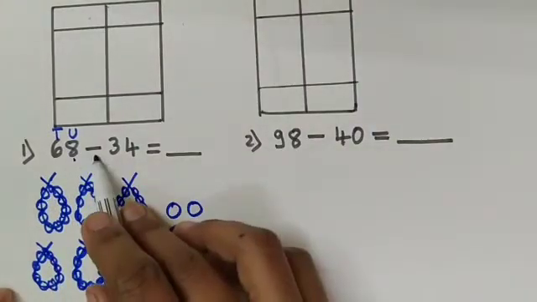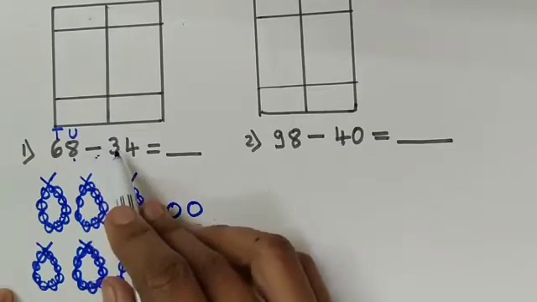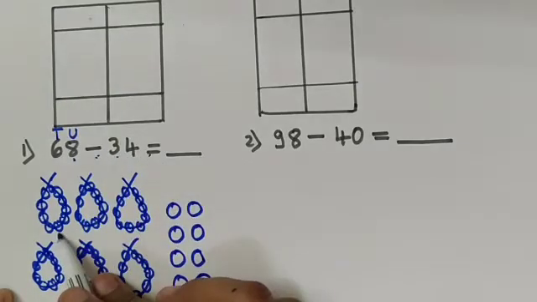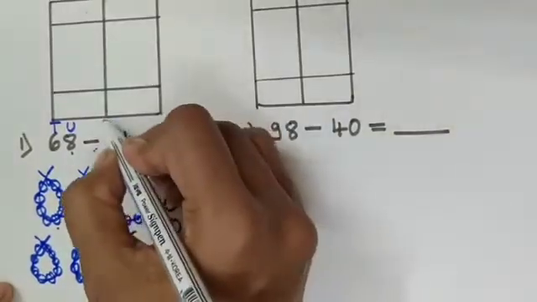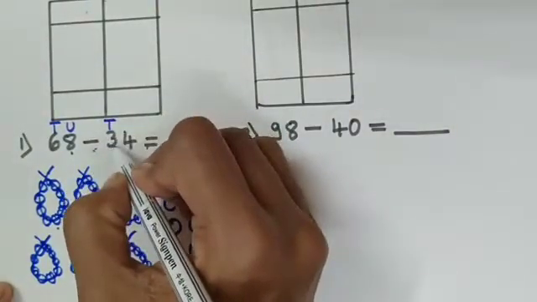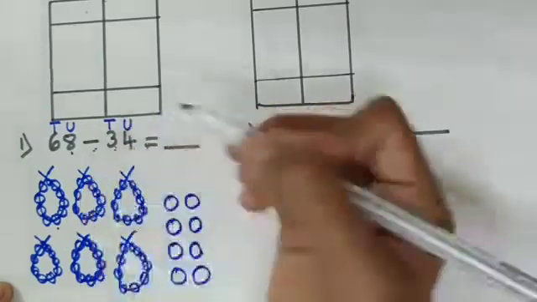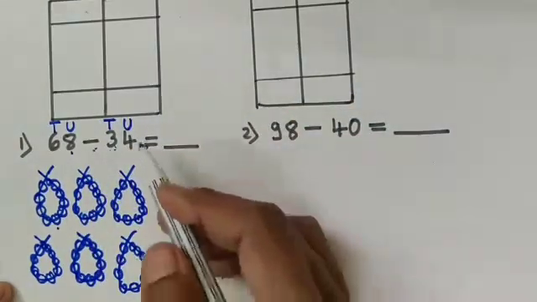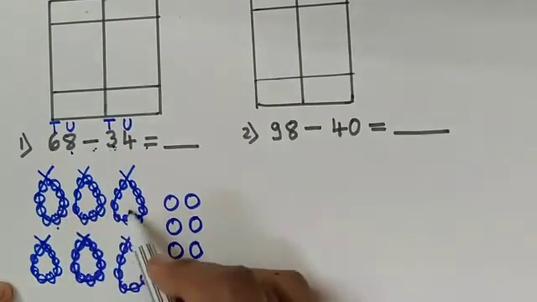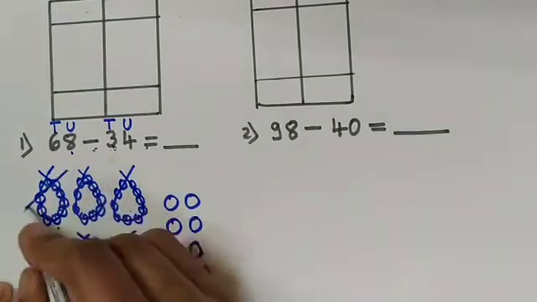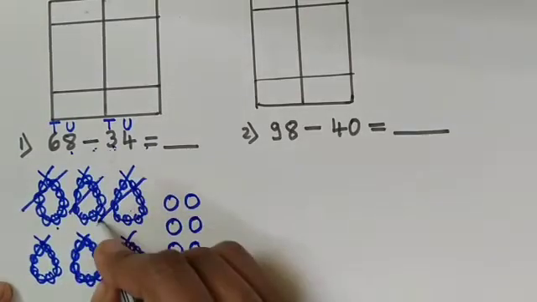Now we have to subtract 34 from this 68. In 34, first we have to find how many tens. 3 tens and 4 units. So we have to cut down 3 tens from these 6 tens. 1, 2, 3 tens.